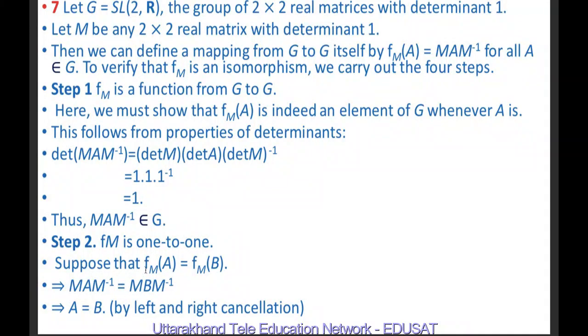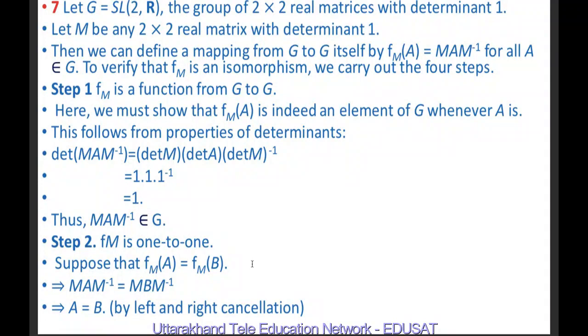By the right cancellation law, M inverse will cancel out, because determinant of M is 1, so we can find its inverse and it is non-zero. So we can cancel it. And this implies A is equal to B by left cancellation law and right cancellation law. It means FM is 1 to 1.